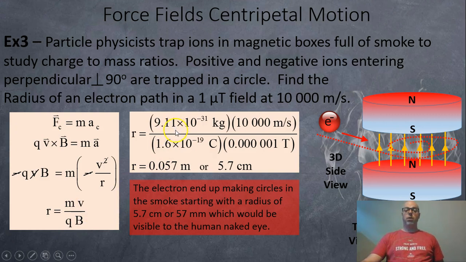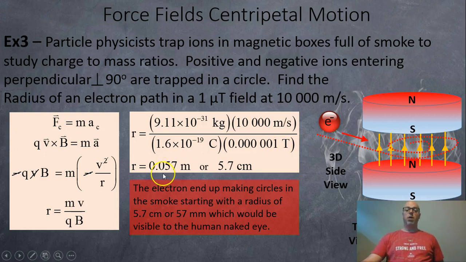So the radius would be 9.11 times 10 to the negative 31 kilograms times the 10,000 meters per second that the electron comes in at, divided by the charge of an electron, 1.6 times 10 to the negative 19 coulombs, which is one elementary charge, and we have a 1 microtesla field, which is 0.000001 Tesla.